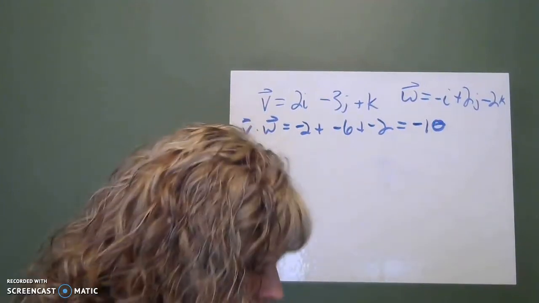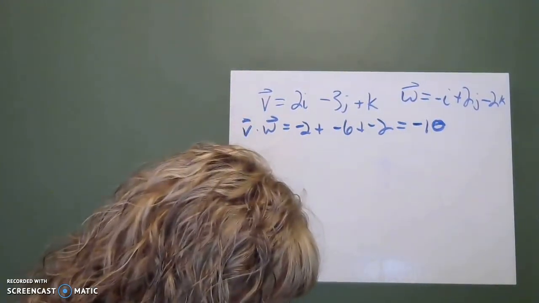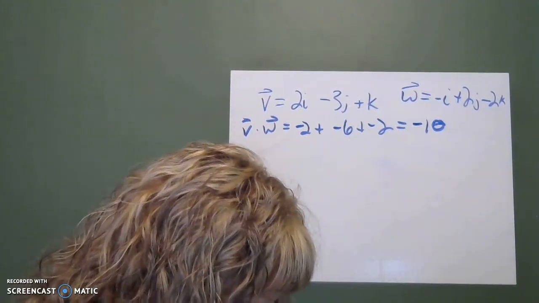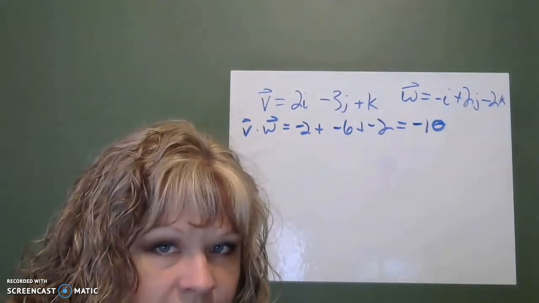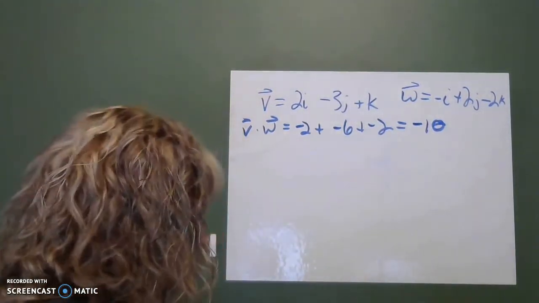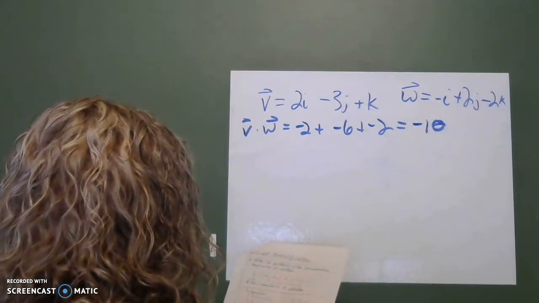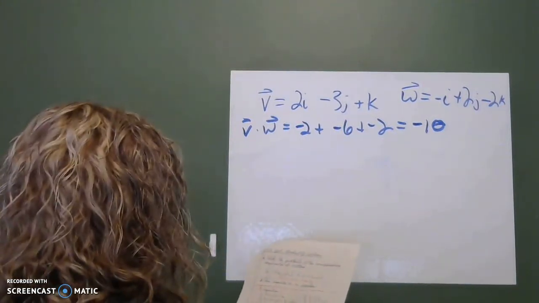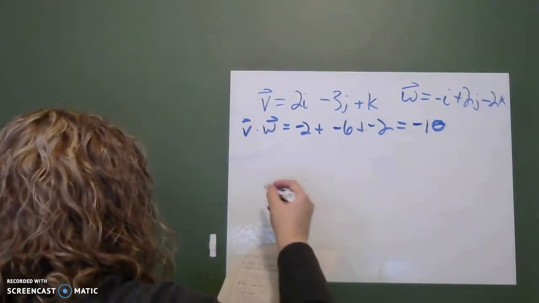There we go. Okay. Now, you can also find this by using something else, and this is called the dot product using the angle between two vectors.